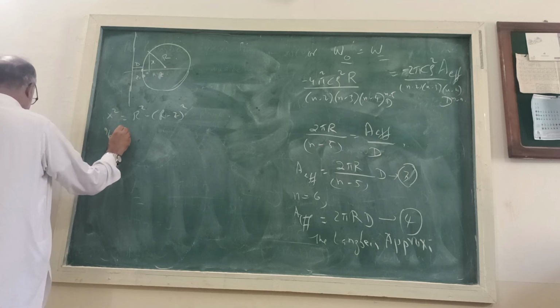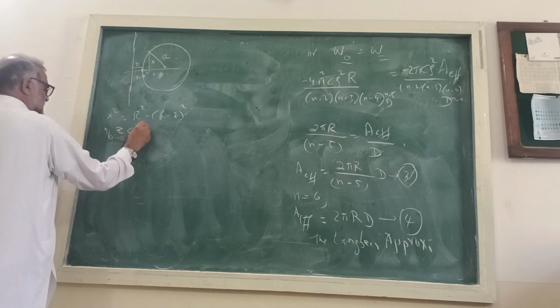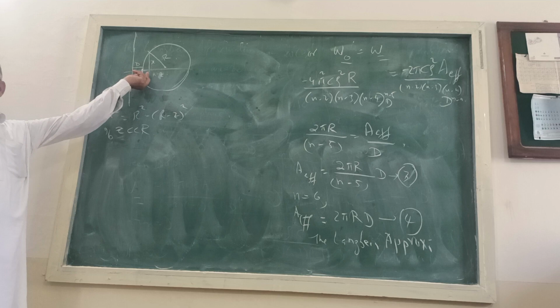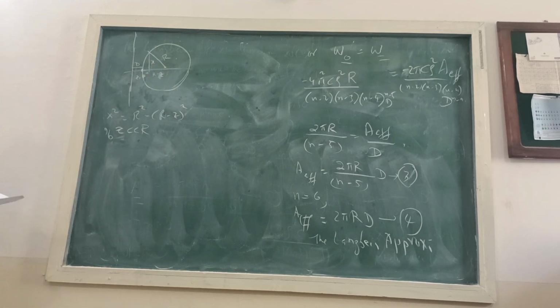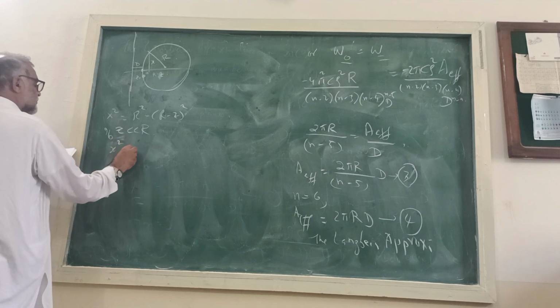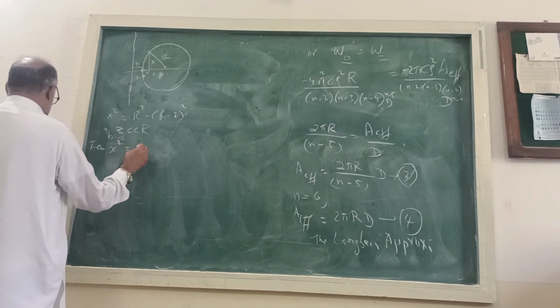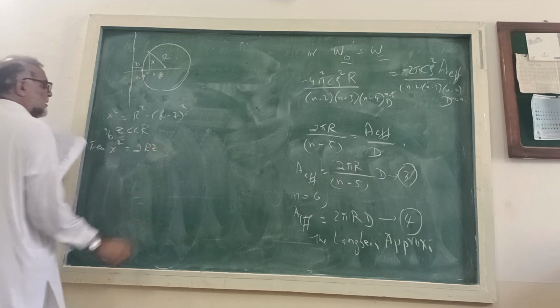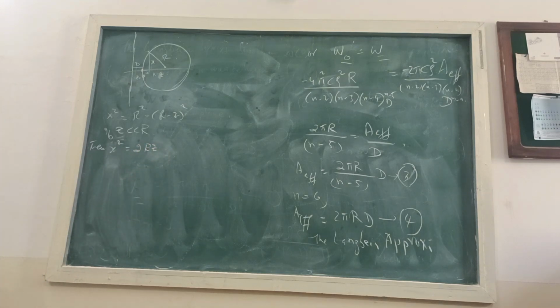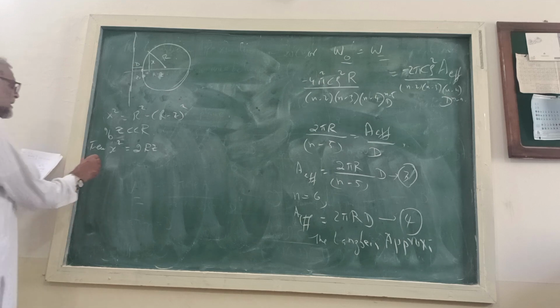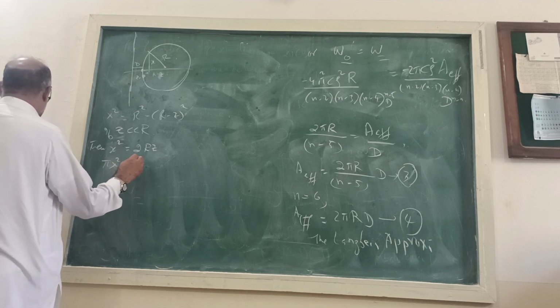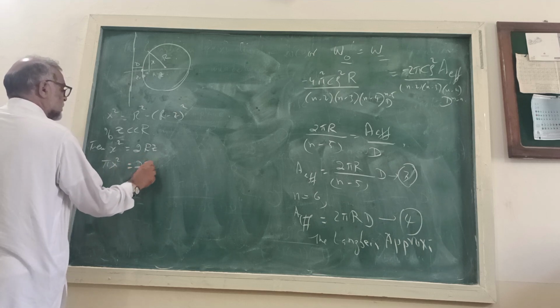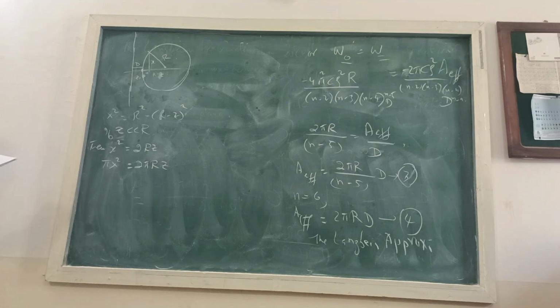If z is very, very small compared to R, then x squared equals 2Rz. So pi x squared is equal to 2 pi R z.